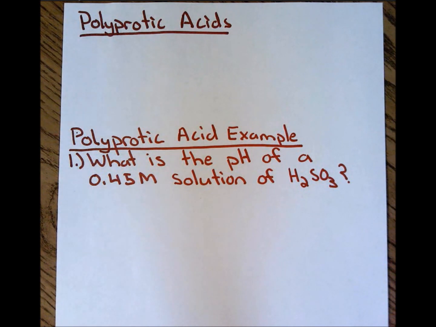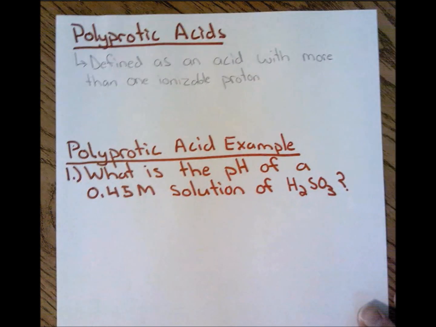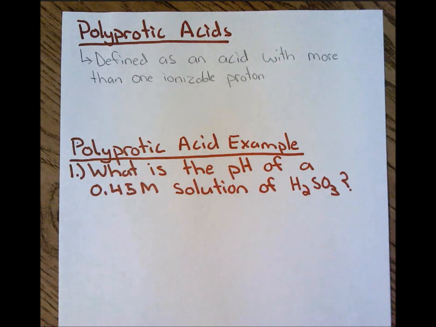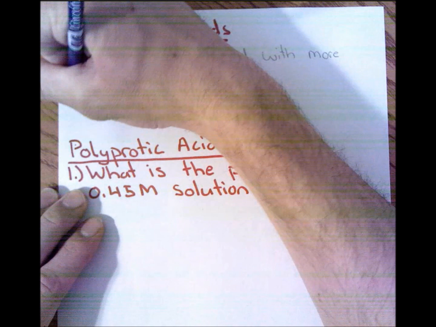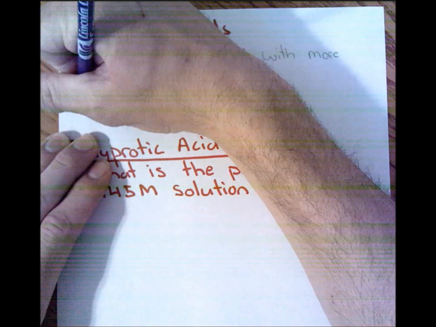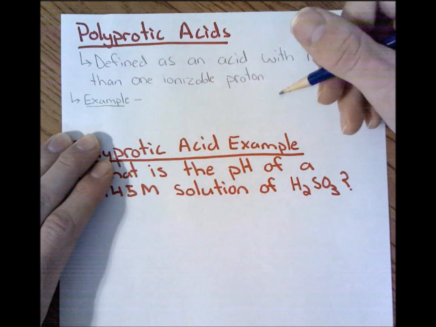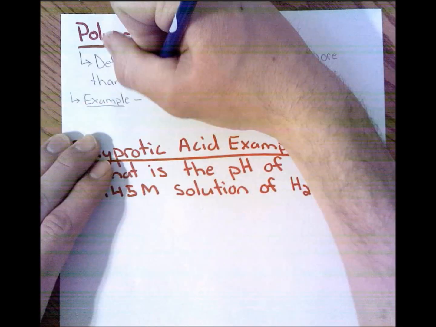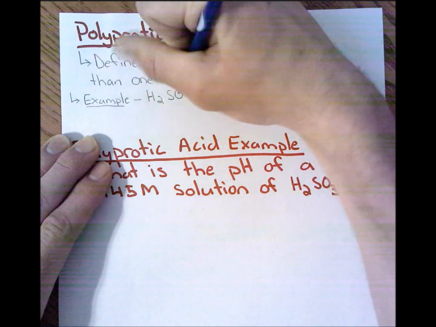To see this in action, let's go through an actual example of something that's a polyprotic acid. The example we're going to use in this next problem is sulfuric acid, H2SO3. Notice there are two H's, and both of these H's can be donated, which makes this an acid that can donate its proton.